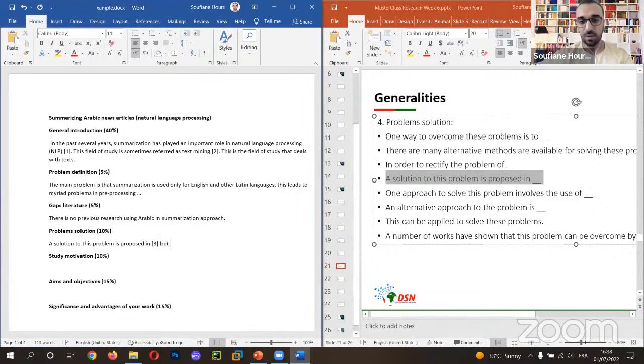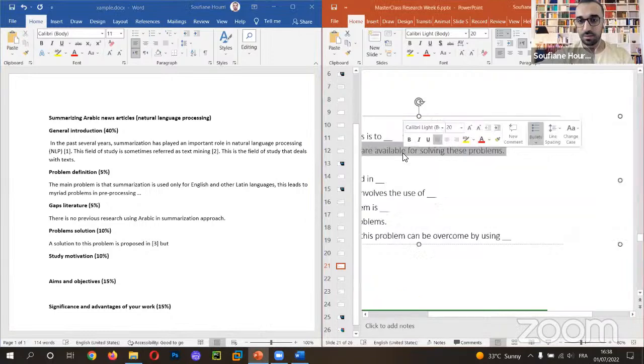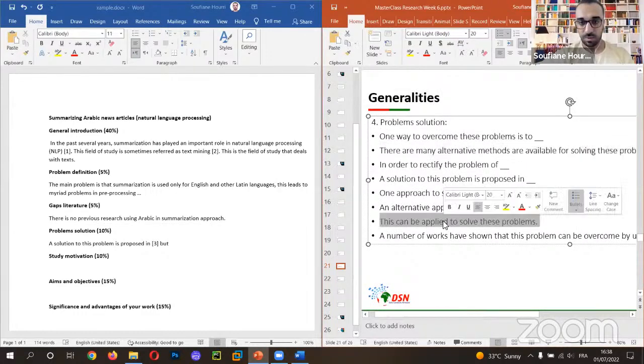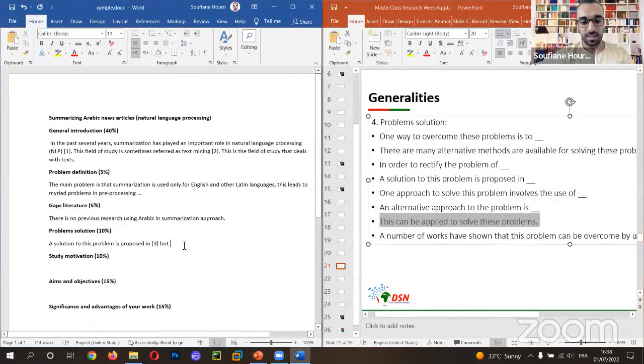But I can use, for example, an alternative approach. This can be applied to solve these problems, but their approach, for example, does not treat, let's say, Arabic dialects or something like that.